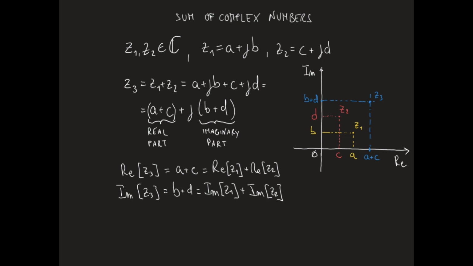In a fully equivalent way, the sum of the two numbers can be regarded as the addition of two vectors, one identified by the point z1, the other one identified by the point z2, leading to a vector identified by z3.